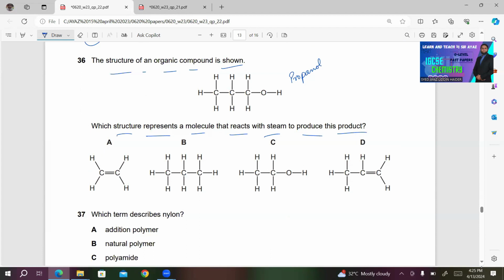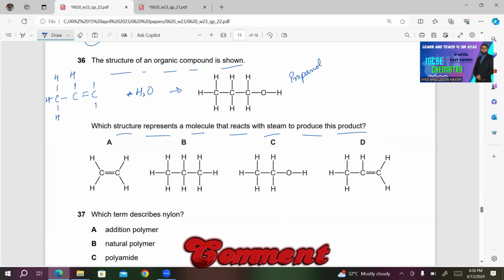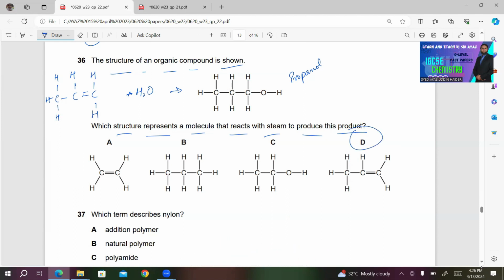So it must be coming from propene. 1, 2, 3. You can place one double bond. 1, 2, 3, 4. So you can see if you will find any propene here. So D must be the right answer for 36.